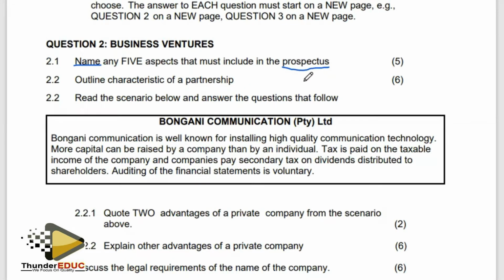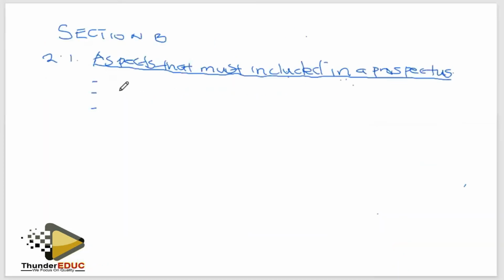We have this business and we think it will work for you. So any person who wants to buy shares from your business needs to know a lot, and what is needed must be drafted in what we call a prospectus. A prospectus, remember, is a document which is drawn to invite the public to buy shares from a public company.